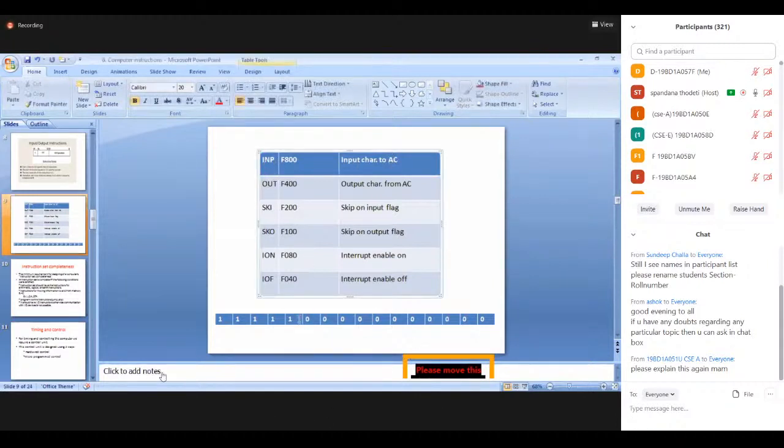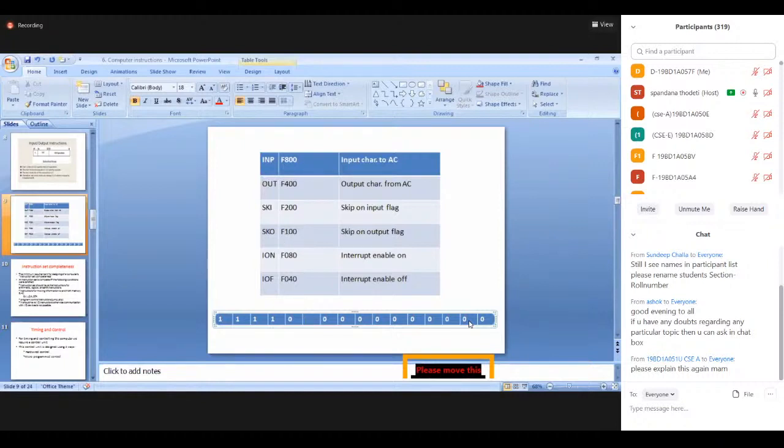Similarly, if the value of IR is F400, where 0100 is 4, then the OUT operation is performed: output the character from the accumulator. From the accumulator, the content is moved into the OUTR register so that the data can be displayed on the output device.